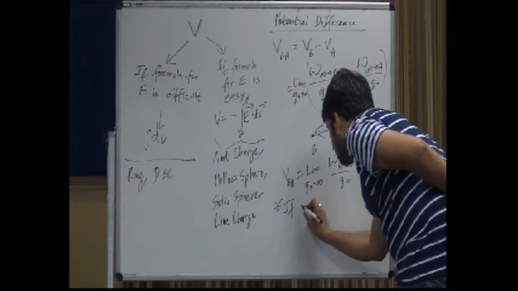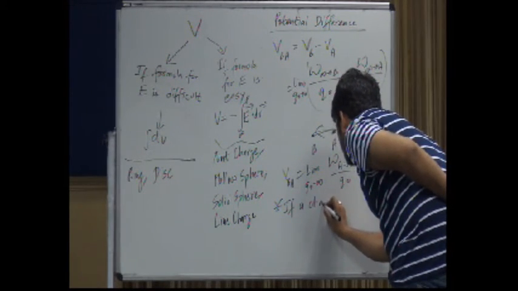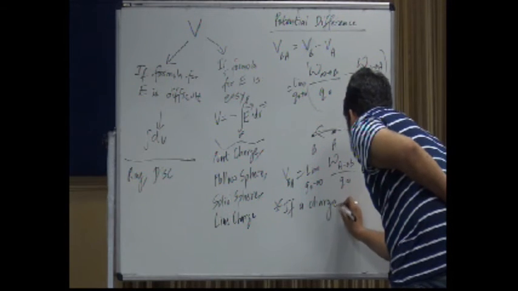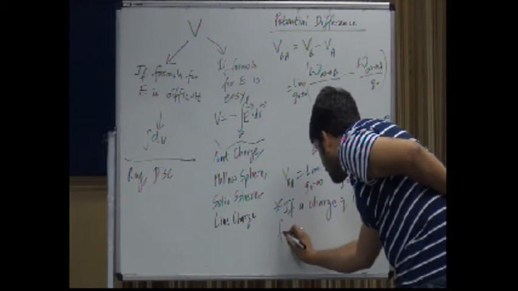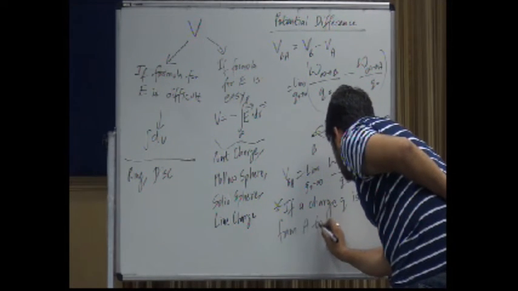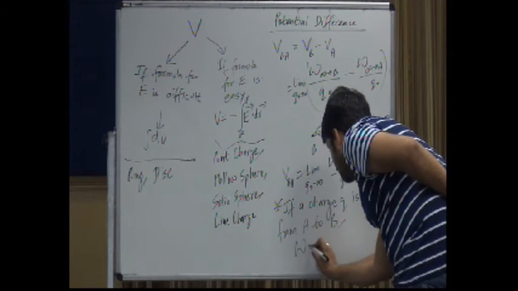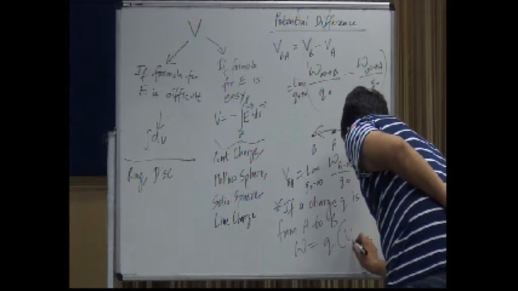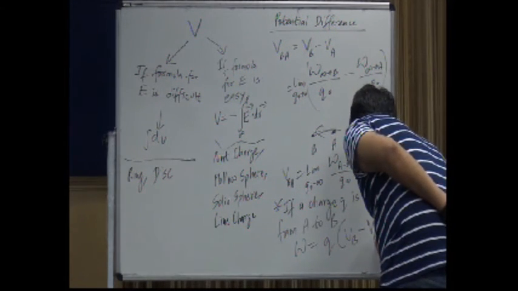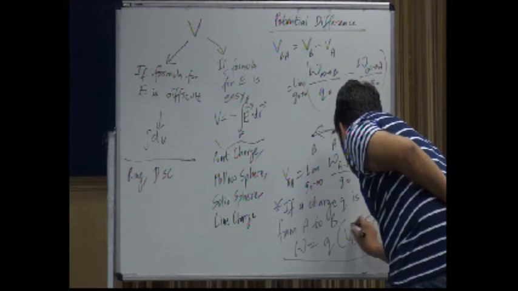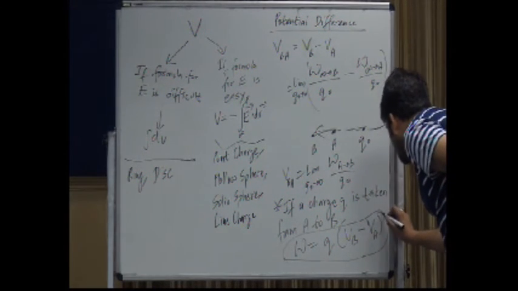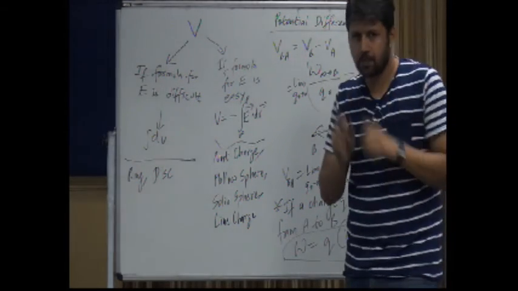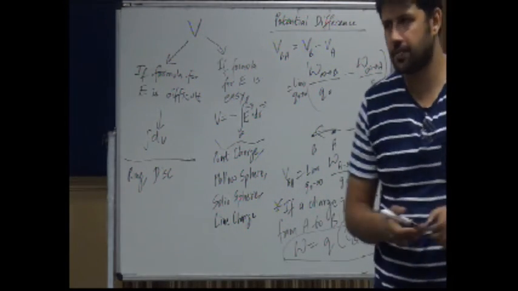If a charge Q is taken from A to B, work done would be how much? Q into (V_B minus V_A). This can be used the other way around.